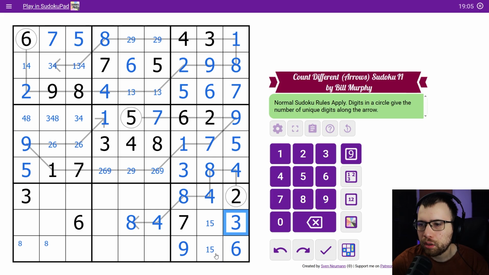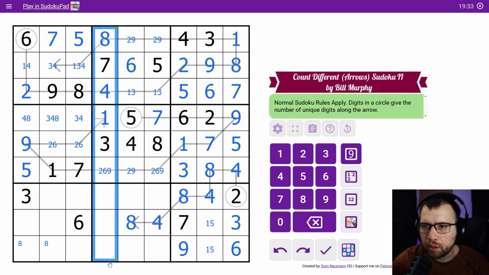Okay. How does that help me? Not sure. Okay, where do we go next? Do we go for the columns or do we go... What other digit do we need in here? So we have 2, 6, 9, obviously, because of this.